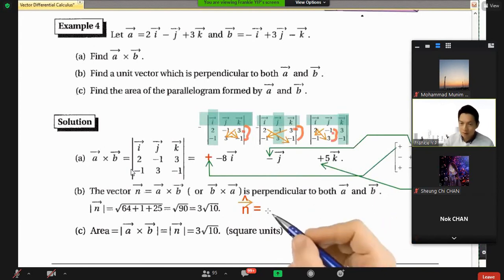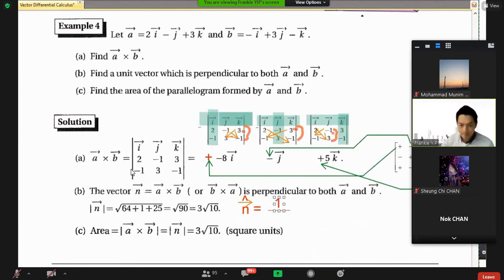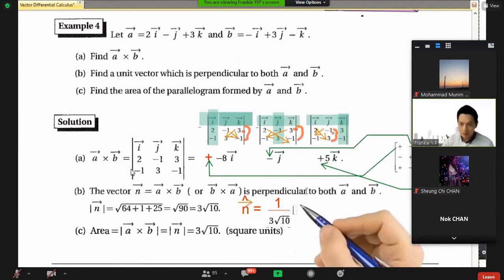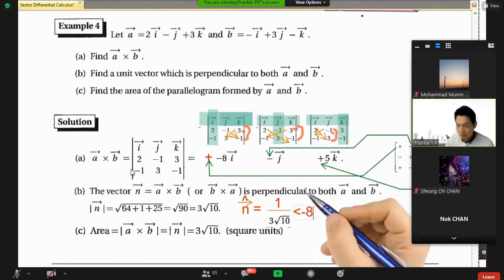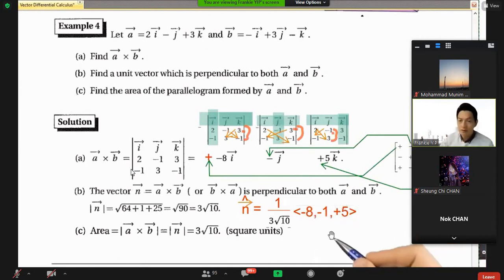That means I have 1 over 3 square root 10, multiplied by this vector, negative 8, comma, negative 1, comma, positive 5. And that's all. Okay, this is a unit vector. Got it? And I think this is fine.